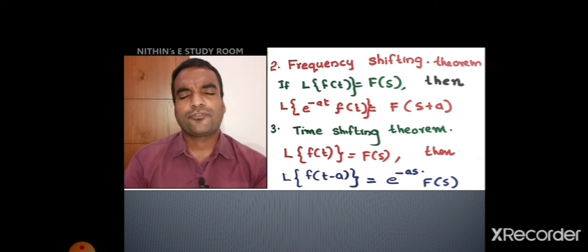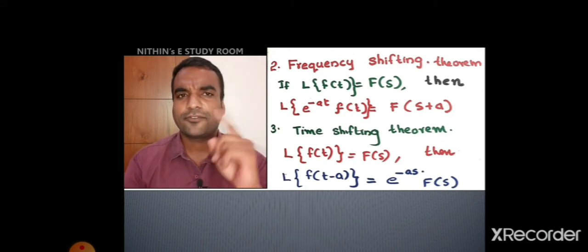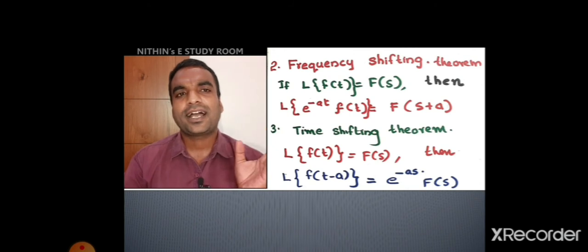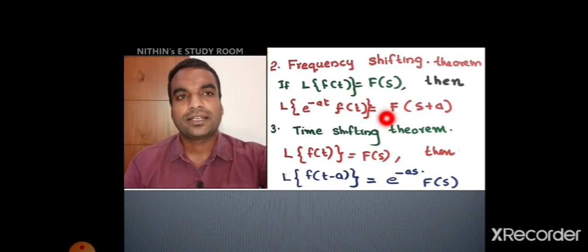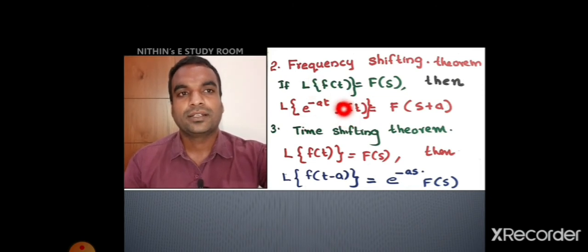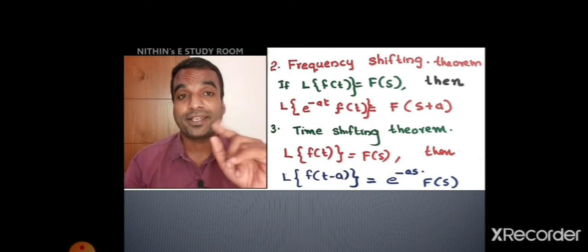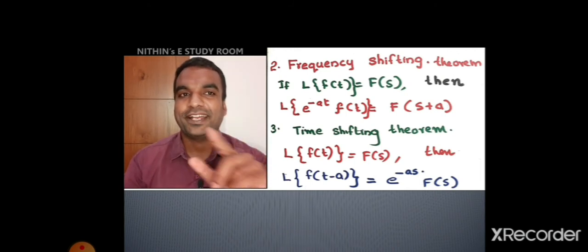You already know f of t. If f of t is 1, F of s is 1 by s. Then I am asking you the Laplace transform of e raised to minus 2t into 1. From the equation we know that e raised to minus 2t into f of t is 1. That should be F of s plus a. What is F of s? 1 by s. So 1 by s plus a.